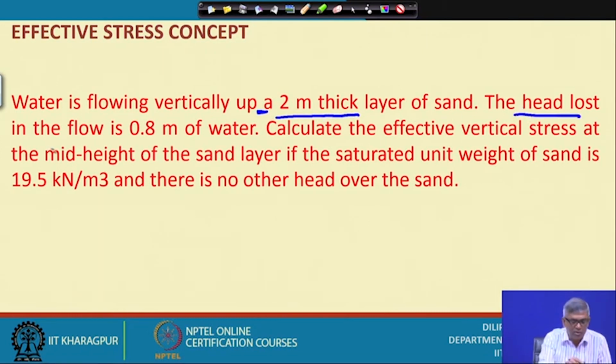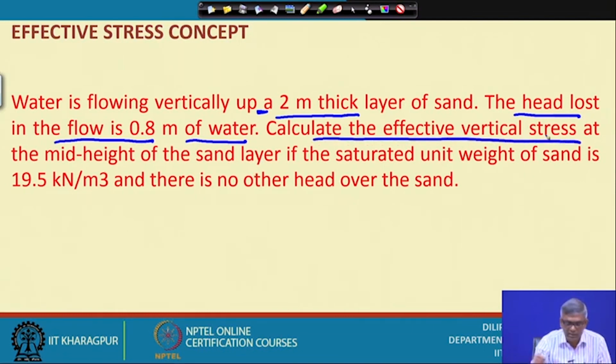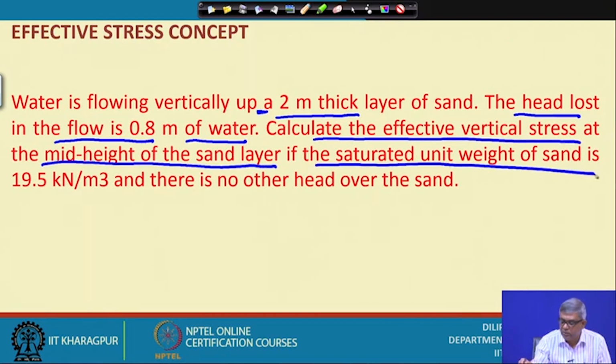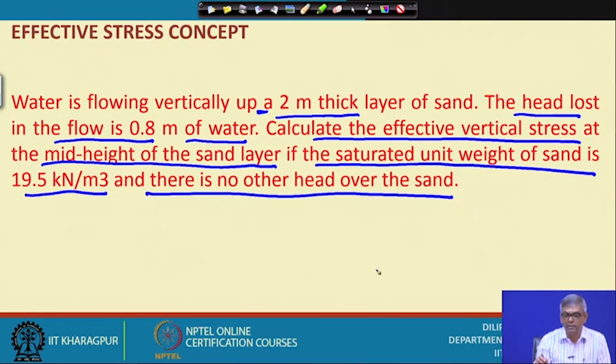The head lost in the flow is 0.8 meter of water. That means the difference in head which causes the flow is 0.8 meter. Calculate the effective vertical stress at the mid height of the sand layer if the saturated unit weight of the sand is 19.4 kN per meter cube and there is no other head over the sand.